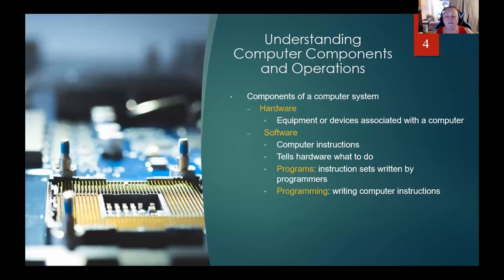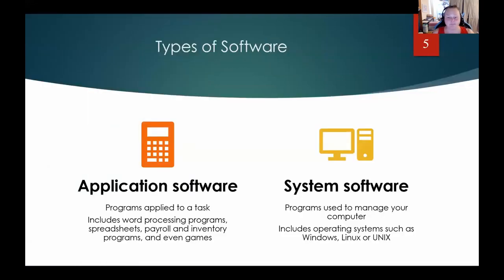A lot of you are probably already familiar with a lot of these, but again, we're making sure we're all on the same page. And, you know, we're going to be explicit with our definitions so that everybody has the same understanding. So now that we have that out of the way, let's look at software portion just a little bit closer, because that's really where your computer programming is going to live. Within software, there are 2 main types: application software and system software.